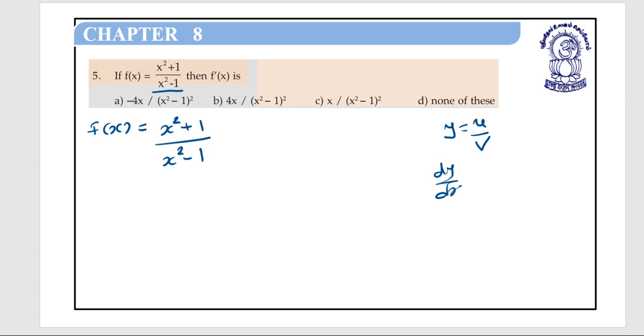So dy by dx is equal to v as it is, du by dx, minus u as it is, dv by dx, upon v square.